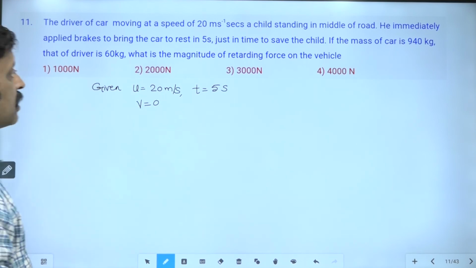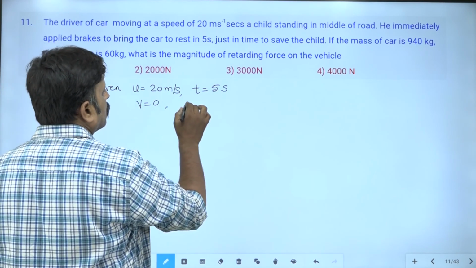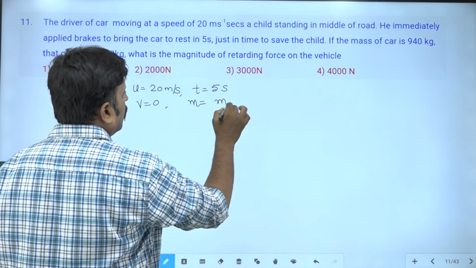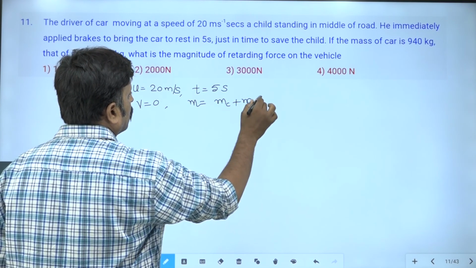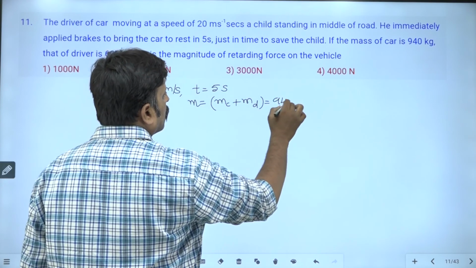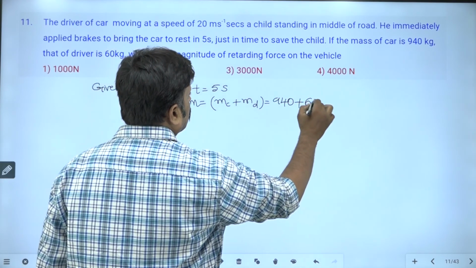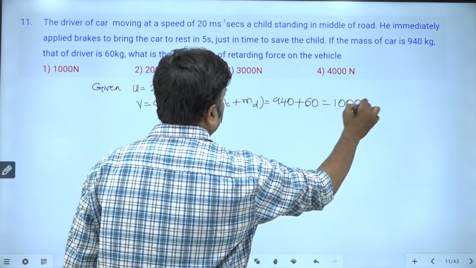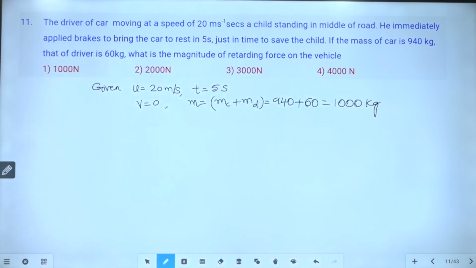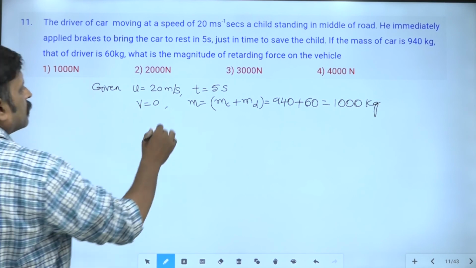So what is the total mass here? Mass of the car plus mass of the driver. Mass of the car is 940, driver is 60. So the total mass is 1000 kg.